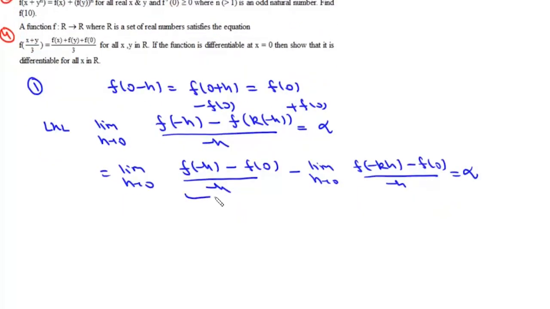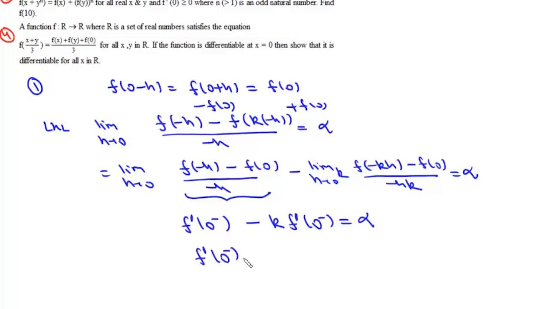Now this is nothing but the left hand derivative at 0, so it will be f dash 0 negative. Here if we multiply and divide with k, this again is f 0 minus kh minus f 0 upon minus kh, so it will be the left hand derivative at 0. So this is k into f dash 0 negative, that is equal to alpha. So from here we can say the value of f dash 0 negative is alpha upon 1 minus k.